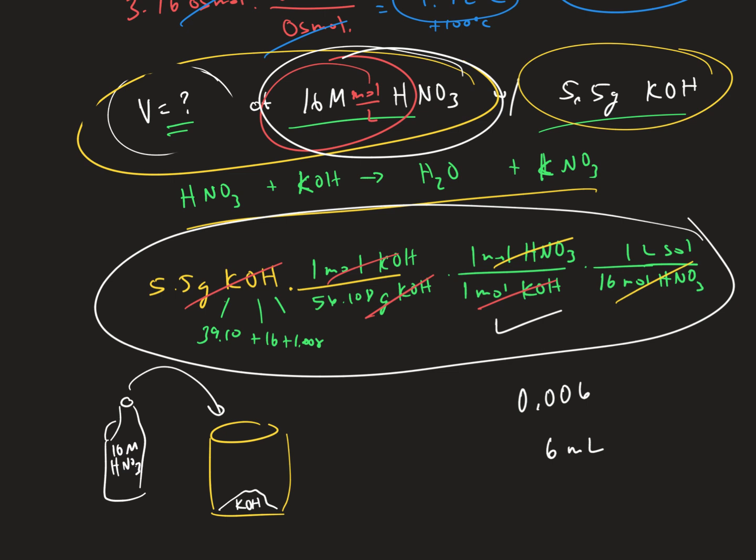And maybe this is a false problem, because would 6 milliliters dissolve all that? Maybe not, right? So it's like our watermelon math problem, isn't it? I call it a watermelon math problem because they always have these weird story problems that have nothing to do with reality.